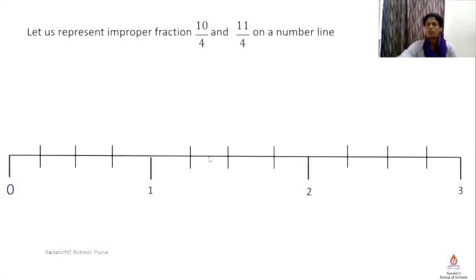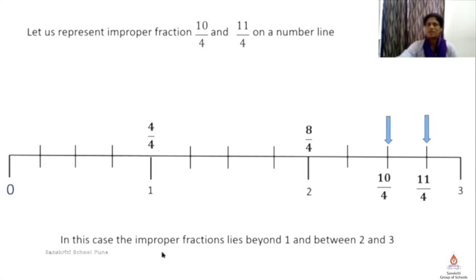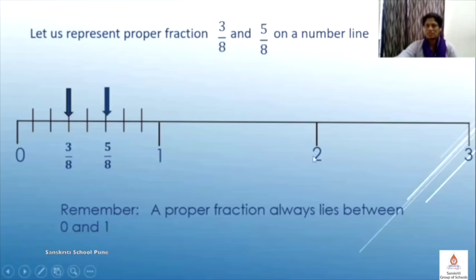So this is 5 upon 4, 6 upon 4, 7 and 8 upon 4, 9 and 10 upon 4 is your fraction here, and 11 upon 4. Now, in this case, our improper fraction lies beyond 1, but it's between 2 and 3. You may refer to this number line in case of any doubt.